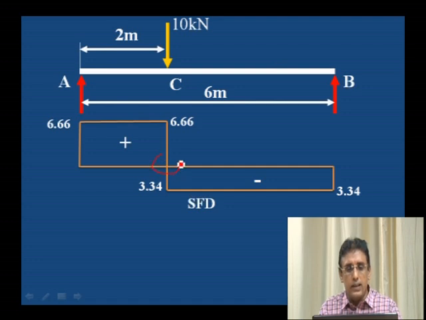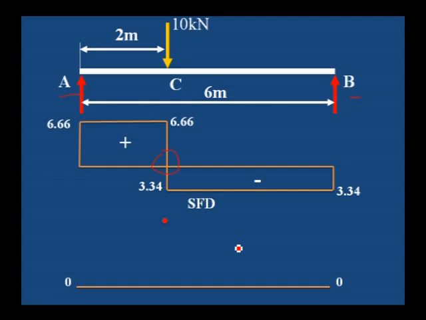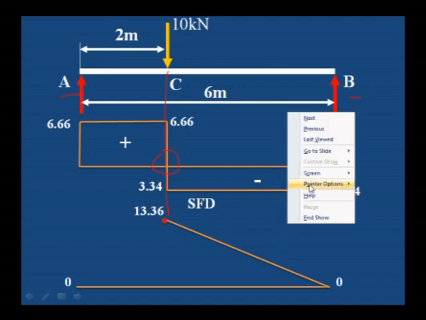Okay, let us see whether we are getting a maximum bending moment at this point. We can observe at A it is 0, at B it is 0, and only one point load is there, at that place we are having a maximum bending moment. For drawing the bending moment diagram, first draw the horizontal line and then mark 2 points, at A it is 0 and at B it is 0. Then mark the central point below C where it is 13.36.